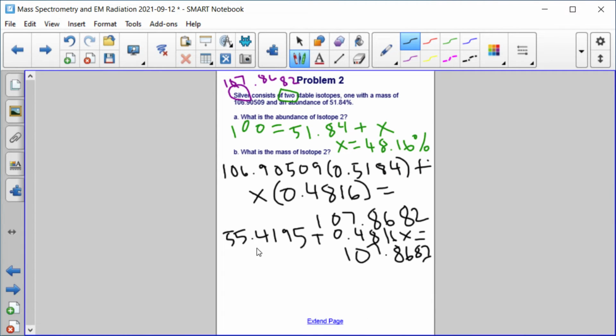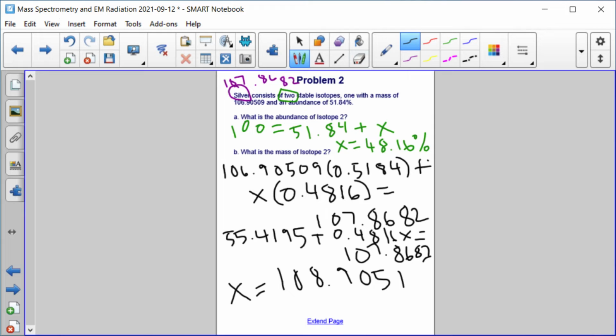But of course, we need to subtract 55.4195 and then divide by 0.4816. Okay? And when you solve for X here, you get 108.9051.